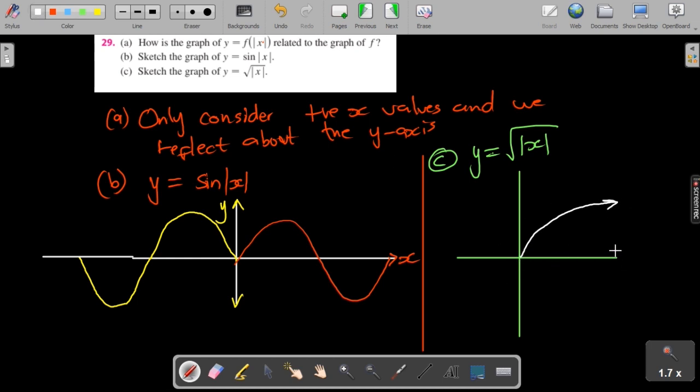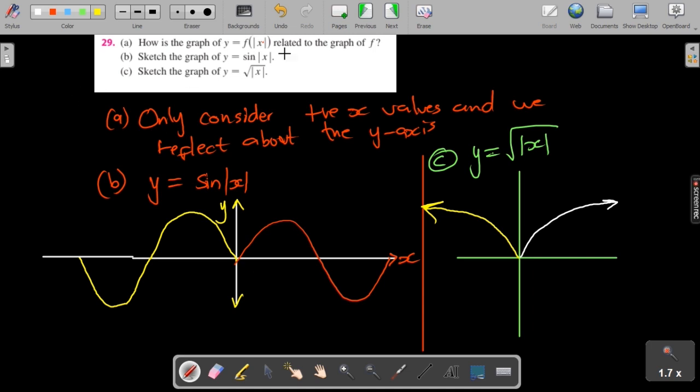And as you can see, even in this, we're just considering the positive x values. But now that we have an absolute sign, we also are going to reflect these to this side. And that will be the sketch of y equals the square root of the absolute value of x.